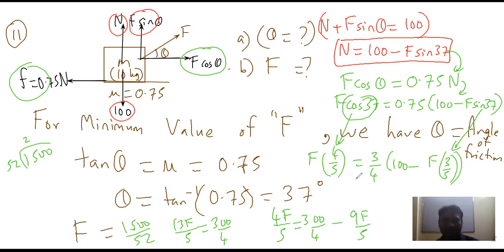So 4F upon 5 is 300 upon 4 minus 9F upon 20. So here we will have 20. I made a slight calculation error. So here we will have 4 into 5, which is 20. So let us take this term here and recalculate.